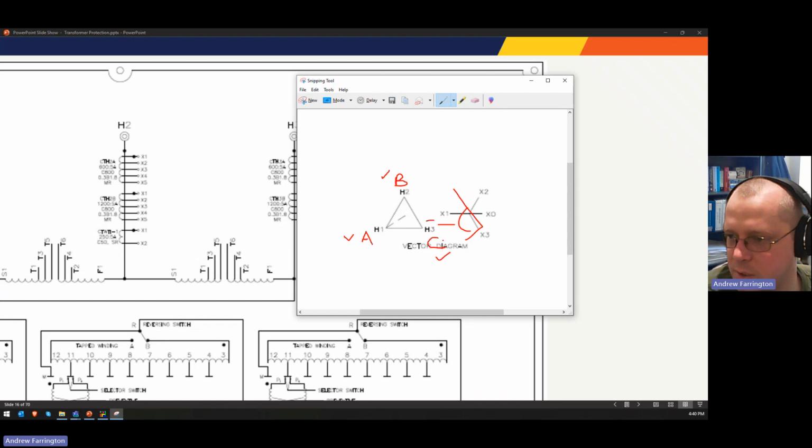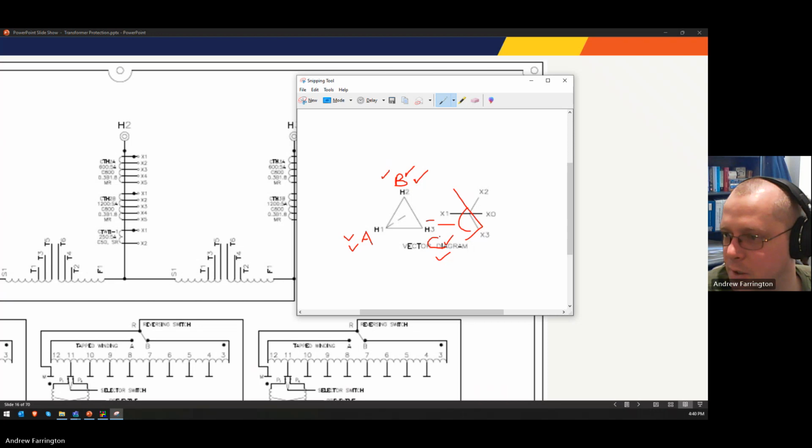You could also say that this would be C, and then A, and then B, or C, A, B, C. Yeah, that's right. Or which one haven't I done yet?